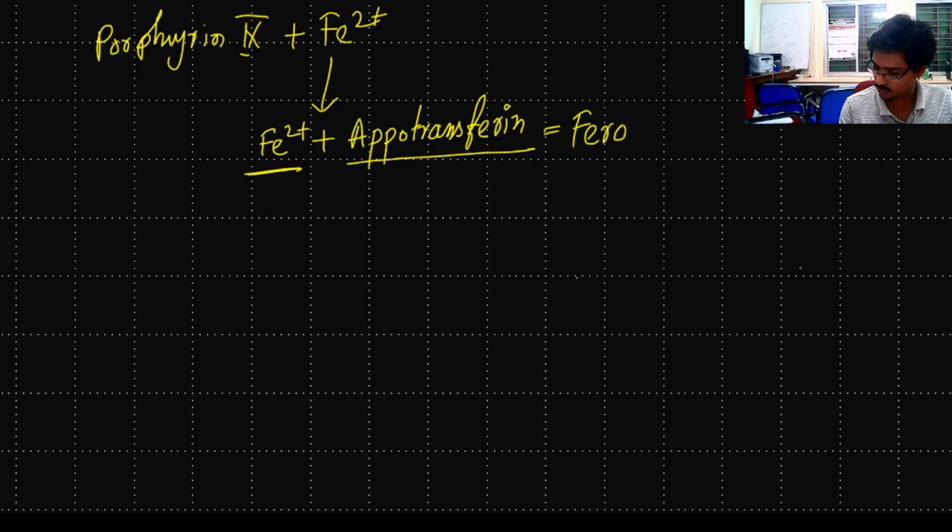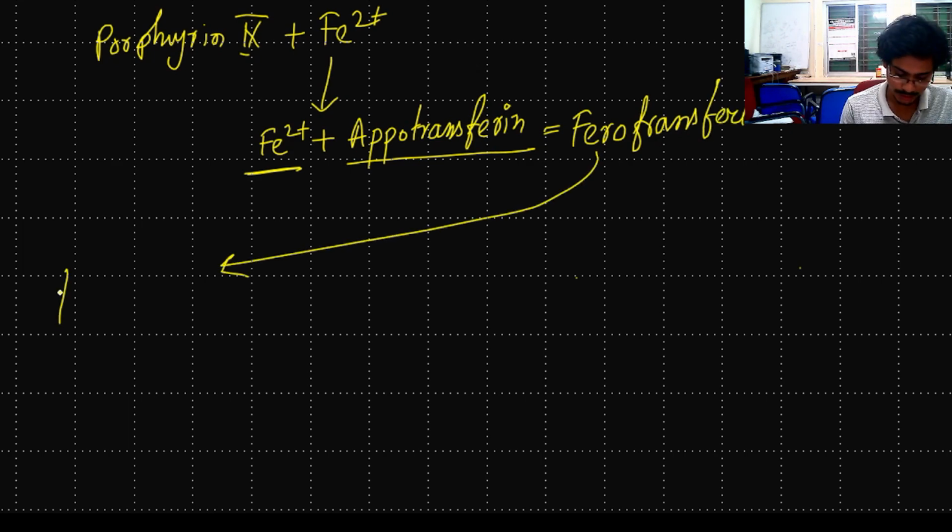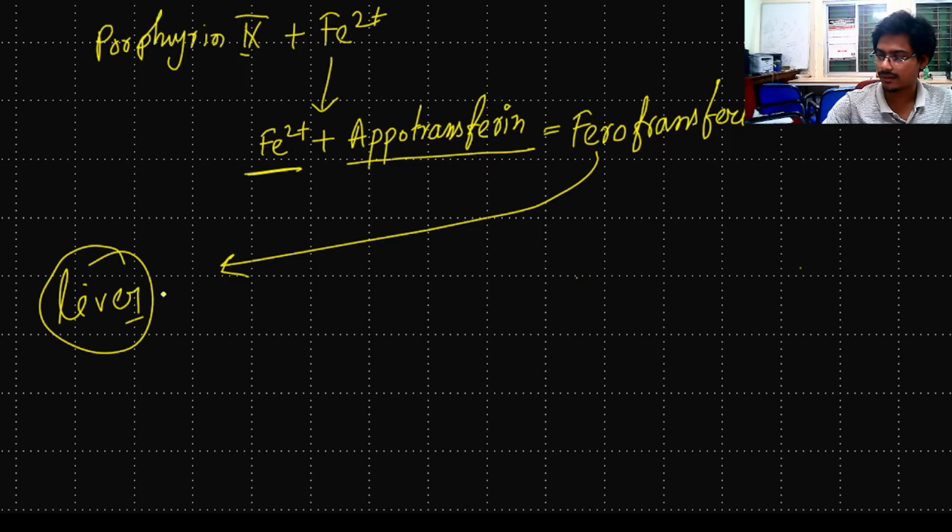Ferro, and this ferrotransferrin comes back to the liver, and this is transported to the liver, so transport of the heme protein.